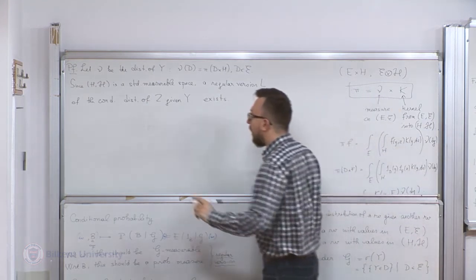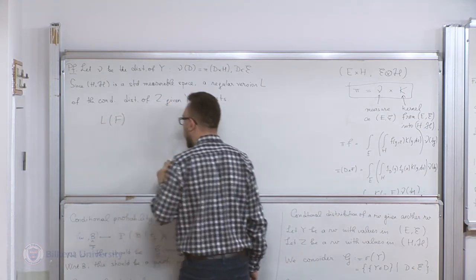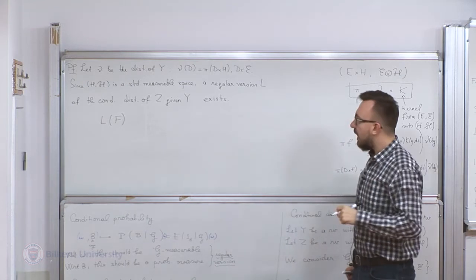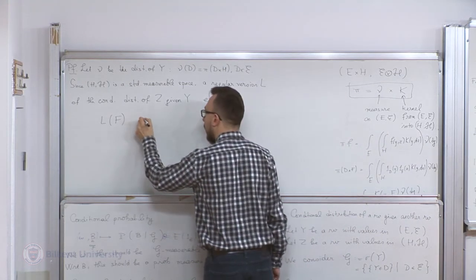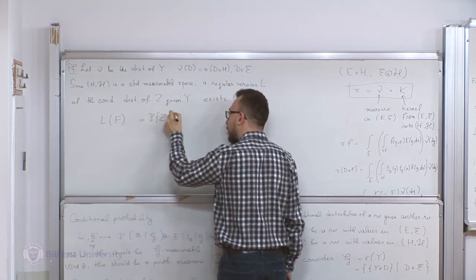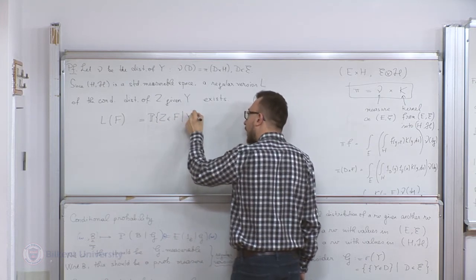So what does that mean? Well, we pick a set F, and it's going to give us a version of the conditional probability that z takes values in F given y.